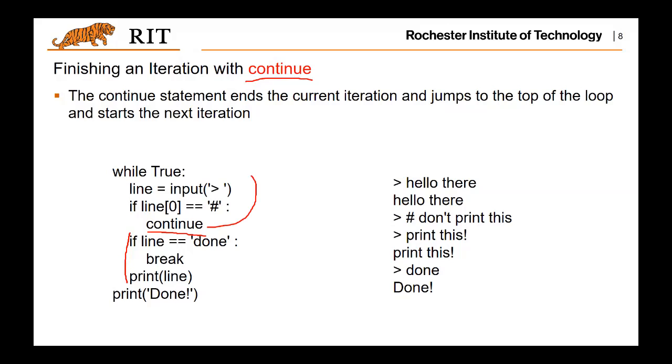Instead, it goes back to this while, to the beginning of the loop, and checks this condition. It won't go outside of the loop. No, that's not the case. But it goes to the beginning of the loop. And anything after this continue will not be executed. So that's how continue works.